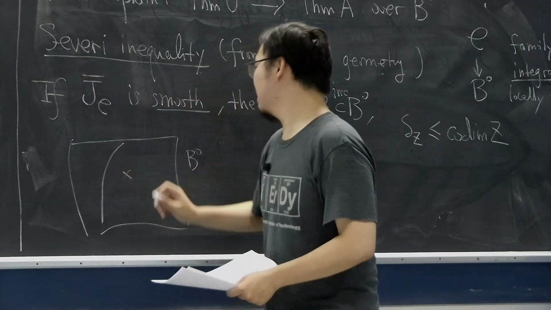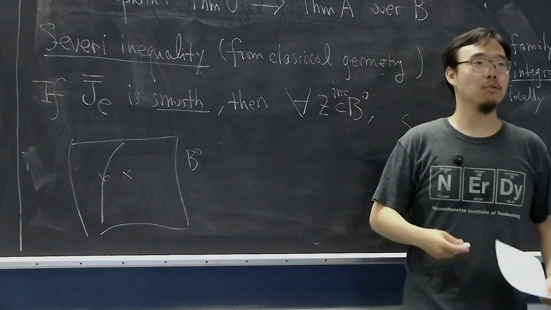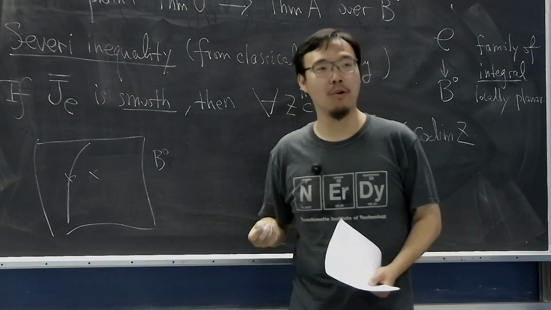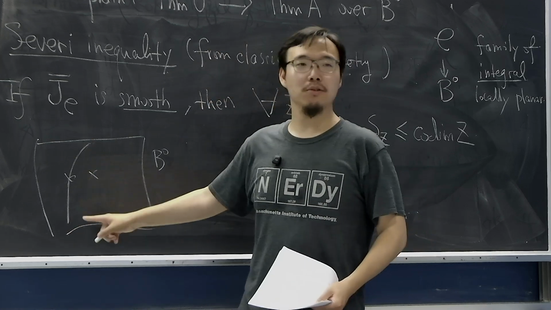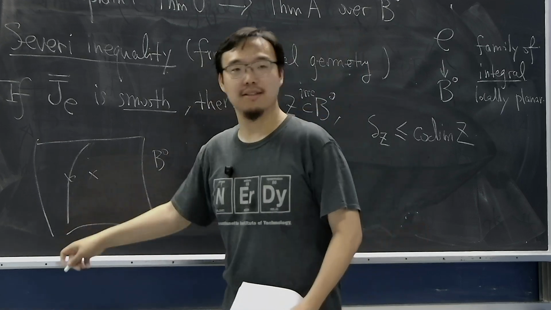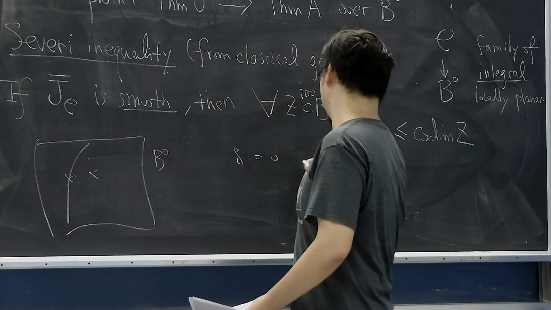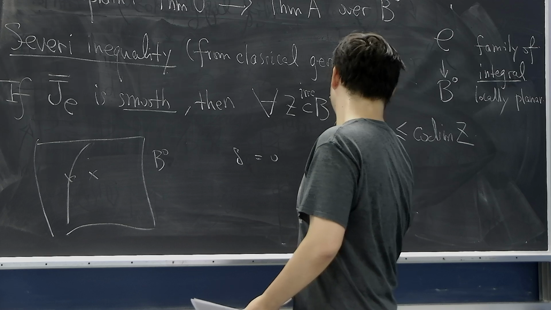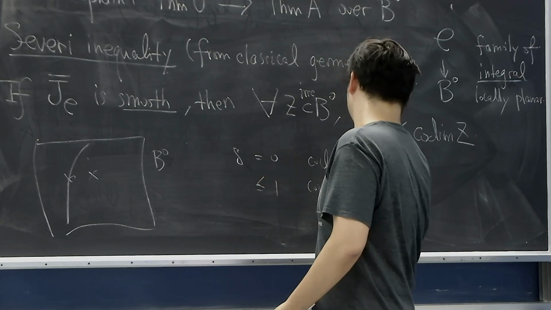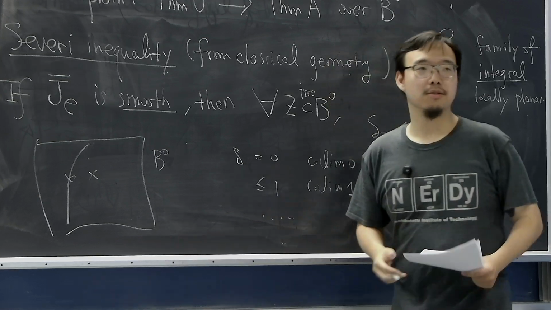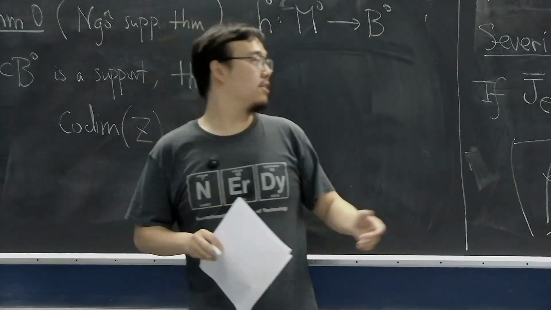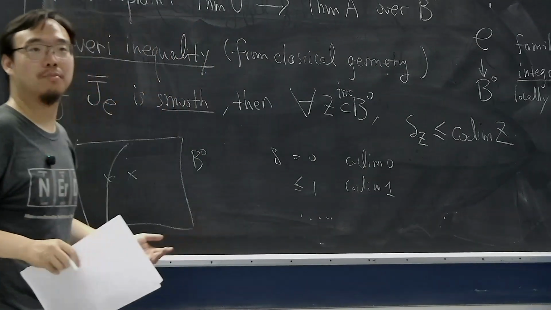And at a generic point of codimension 1, if you want the total family to be smooth, the delta has to be at most 1. If generically in codimension 1 the delta equals 2, this will break the smoothness of the total family. So delta is 0 in codimension 0, 1 in codimension 1, and so on. When you go deeper and deeper in strata, the delta cannot increase too fast, otherwise it will break the smoothness.